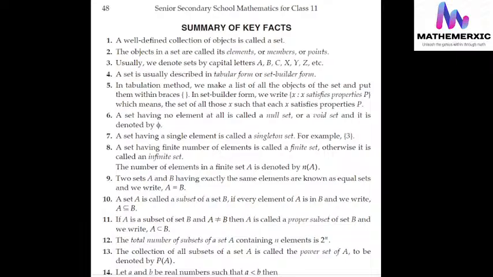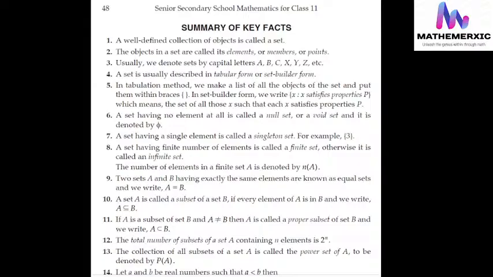The number of elements in a finite set A is denoted by n(A). Two sets A and B having exactly the same elements are known as equal sets, and we write A equals B.